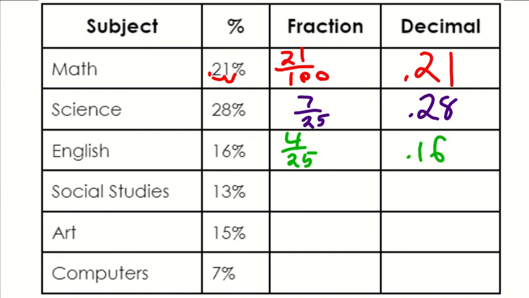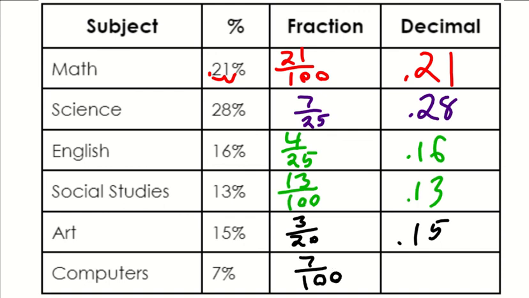Social studies: 13 hundredths and 0.13. Art: three over 20 and 0.15. And maybe a tricky one. Computers: 7 over 100. That wasn't the tricky part.